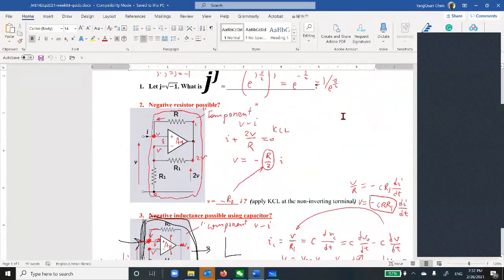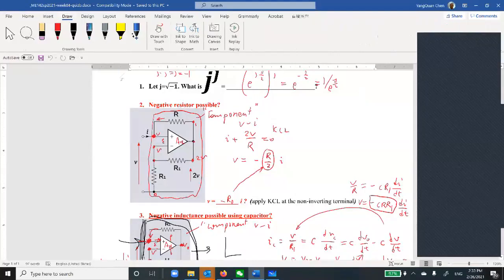Do you see the negative resistor? Do you see what mistake I made? So this is wrong. Oh, why is this not working?